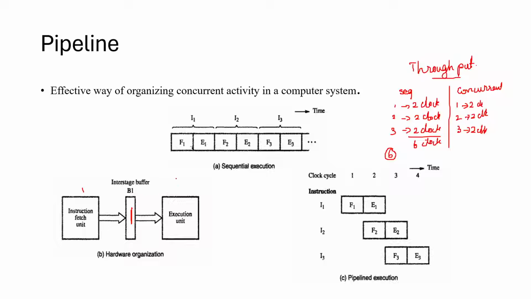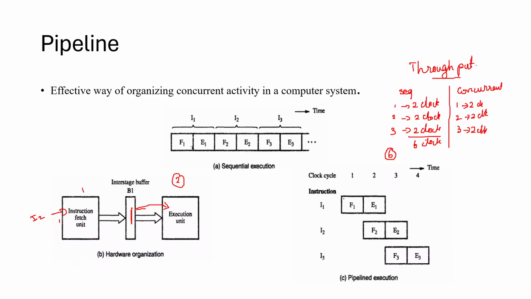In the next clock cycle 2, the execution unit takes that instruction from the intermediate buffer. At the same time, in the second clock cycle, the instruction fetch unit will fetch the next instruction I2. So this is the hardware organization for concurrent execution.